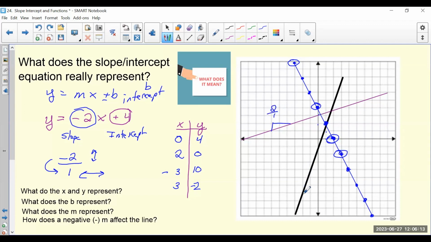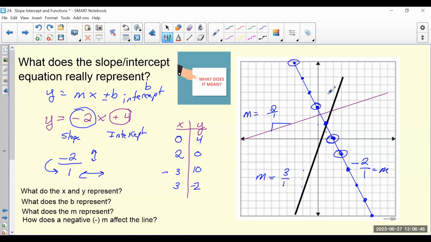This line was up, if we go from a point where it crosses 1, 2, 3 over 1, that was a slope of 3, or 3 over 1. And this slope here was negative 2 over 1. So if this one, the slope was 3, this one, the slope was 2, this one, the slope was a negative 2, what's the only difference between this line and this line and this line?